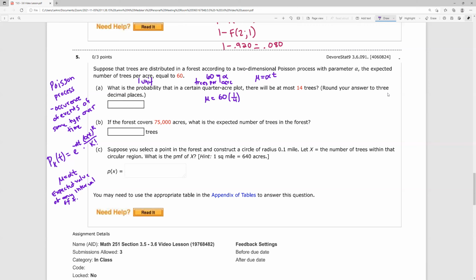Okay. So if this was time, say this was for a 1 minute time, this alpha was for 1 minute, and then they wanted us to say, well, what would happen in 50 minutes? You would take your alpha and times it by that conversion. Okay, so this is any unit of time or any unit of area for us. So that's going to come out to 15 trees per quarter acre.